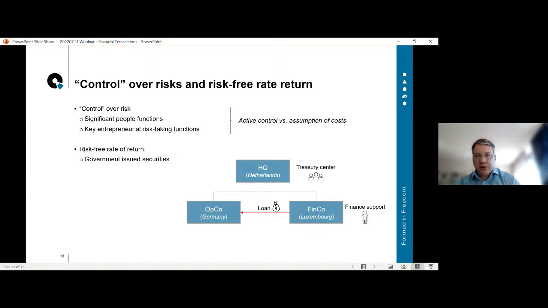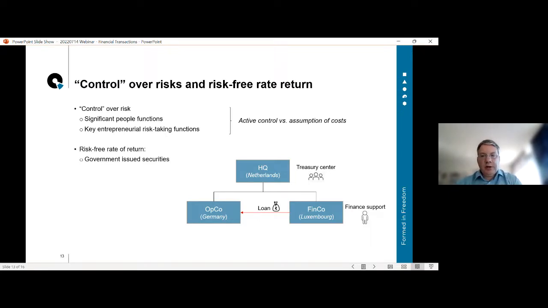So are you going to enter into a loan? And are you able to manage that risk? So during a loan, are you able to take decisions that are important in respect of that loan? Are you going to take steps towards a borrower that is not paying? So that is important.